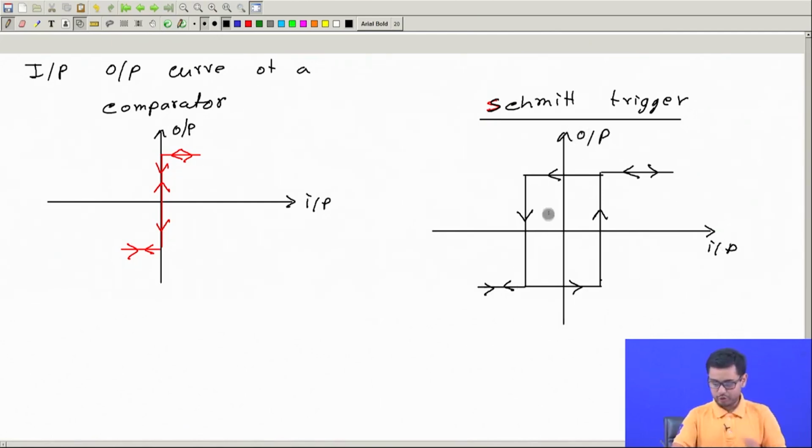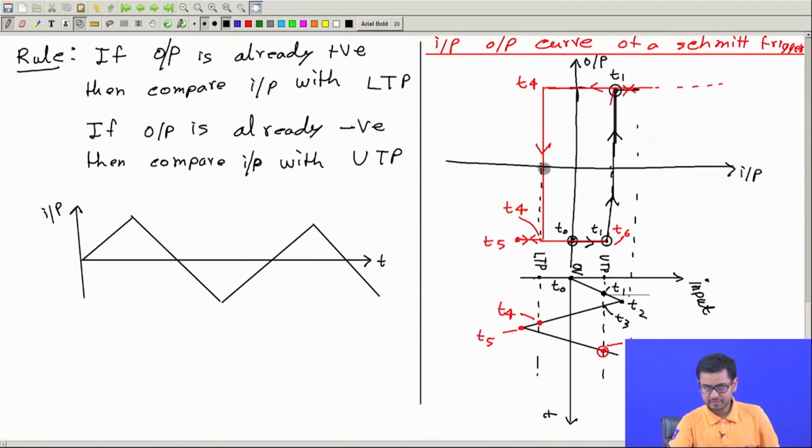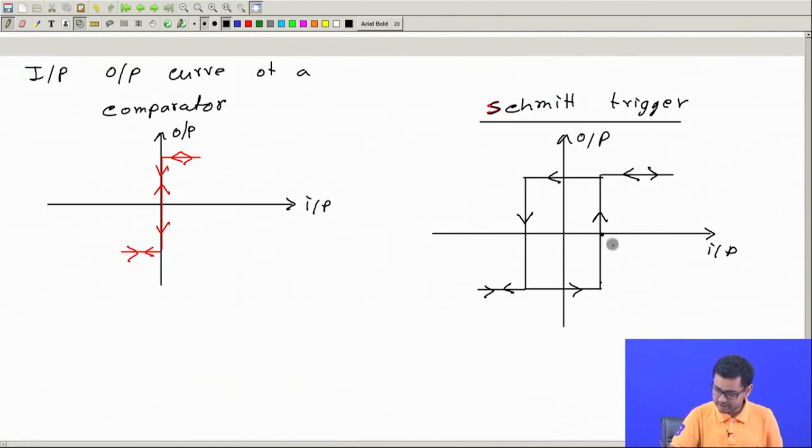So you observe, and what is this value? This point here. What is this point? This is nothing but the lower trigger point. Okay, so this is input equal to lower trigger point, LTP, and similarly this point is what? The value of input is equal to upper trigger point, UTP. So here also this is UTP, this is LTP, lower trigger point.